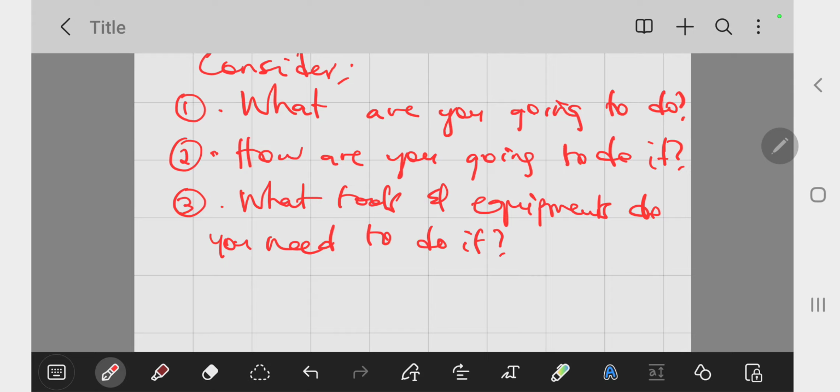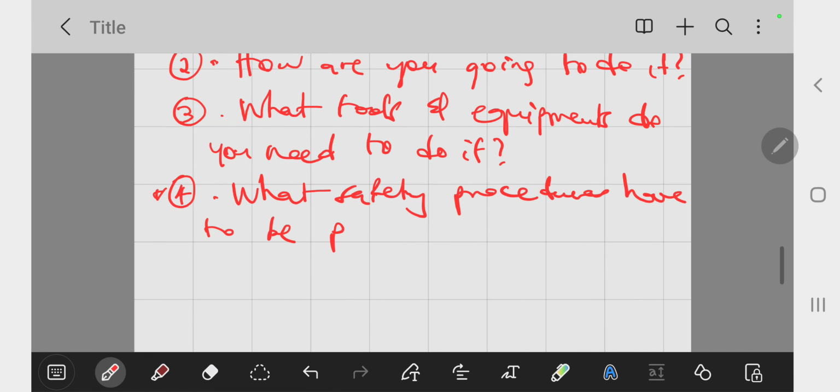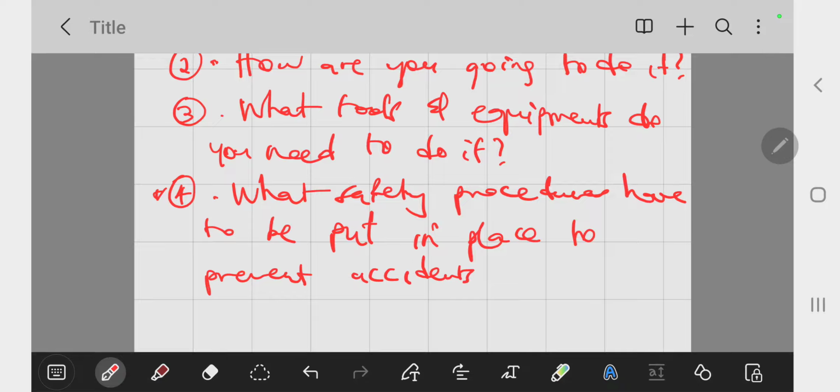And then lastly, which is by far the most important question you should ask yourself, is what safety procedures have to be put in place to prevent accidents or even injury.